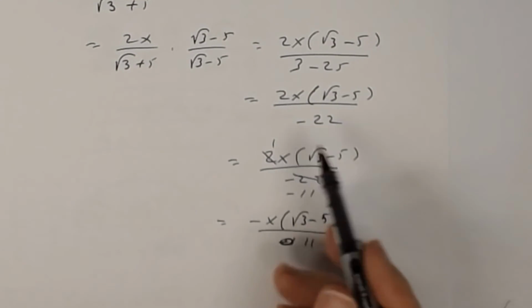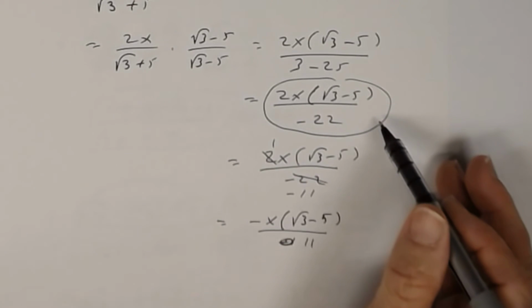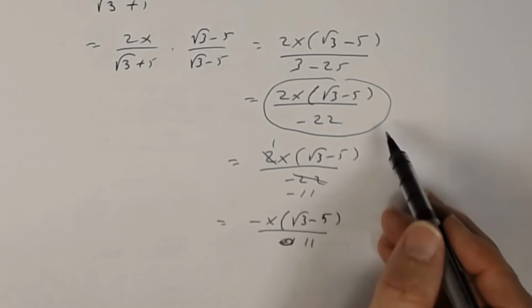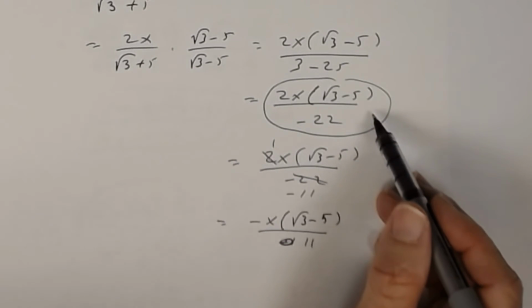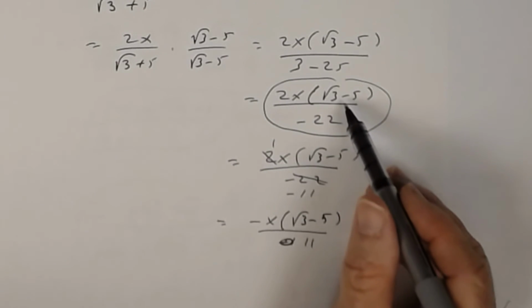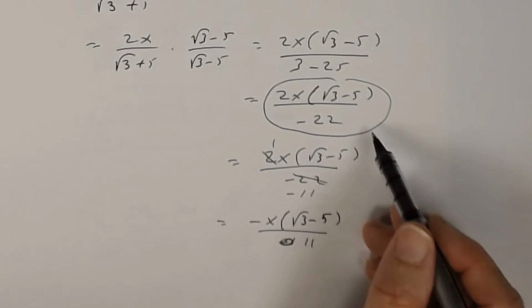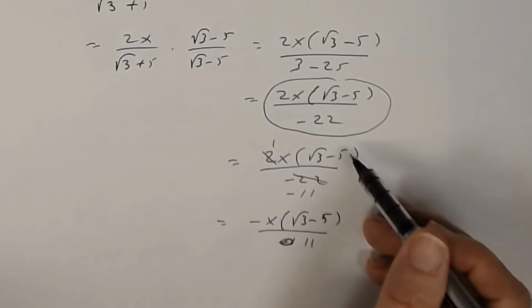If you left it like this, I'll give you the points. But most textbooks, in terms of the answer, even though this is correct and you did rationalize the denominator, you really do need to reduce.